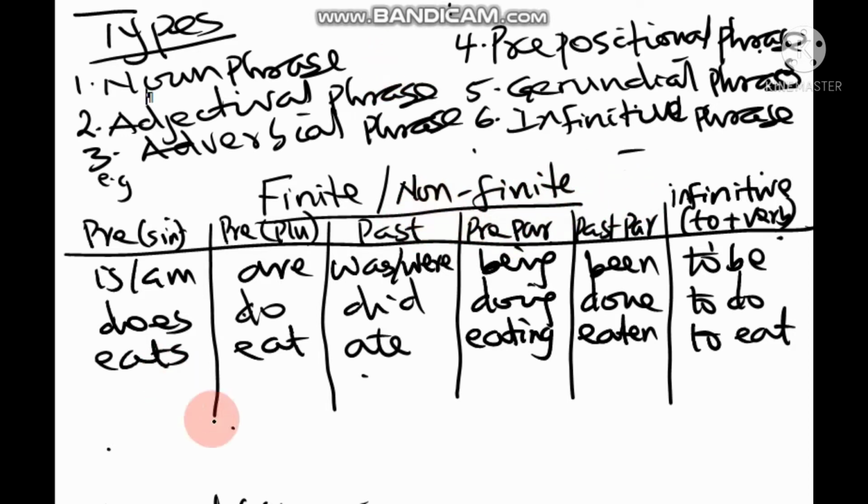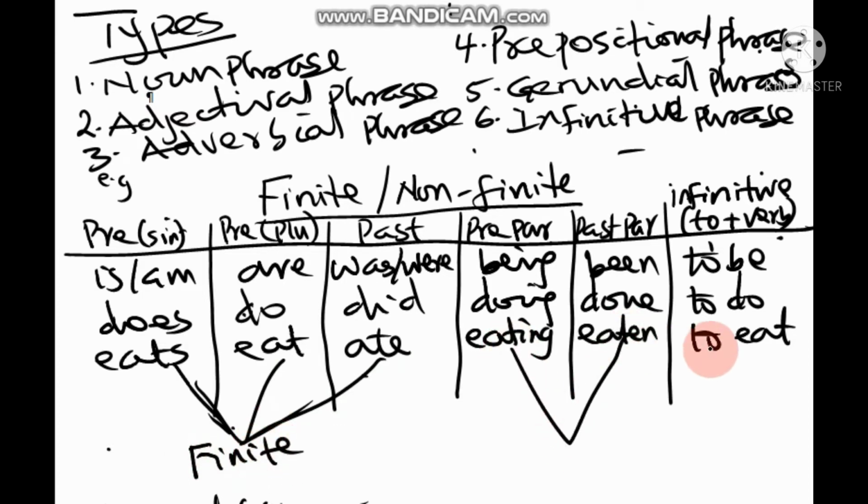Now, remember, any verb you can put in these first three boxes is called a finite verb, while any verb you can put in these last three boxes is called a non-finite verb.